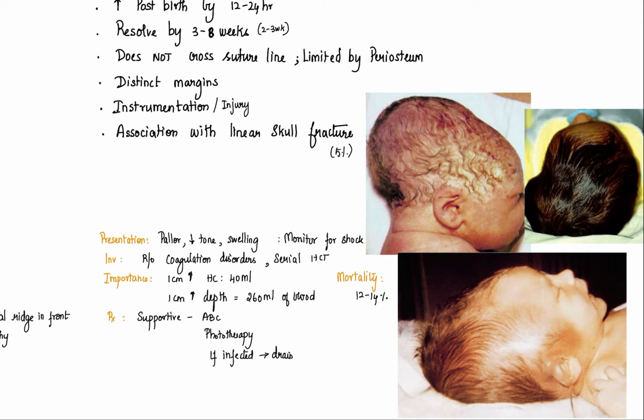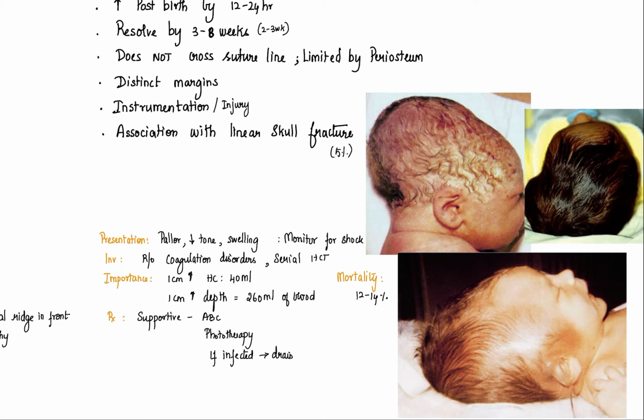This is a baby who is nicely dressed, which means at least a few hours or days post birth, and you have a nice swelling on one part of the scalp. Usually cephalhematoma happens in the parietal region because of forceps, that's where it's going to press. So this is a cephalhematoma.